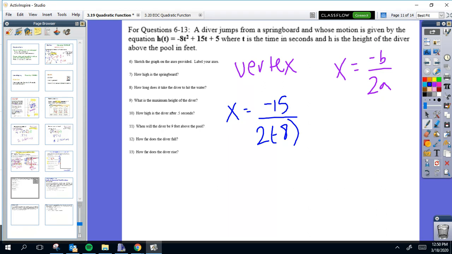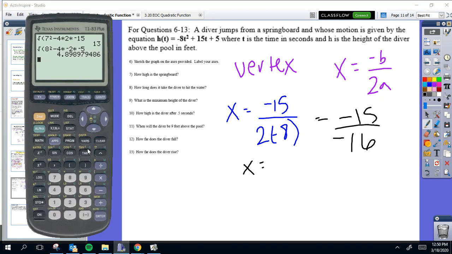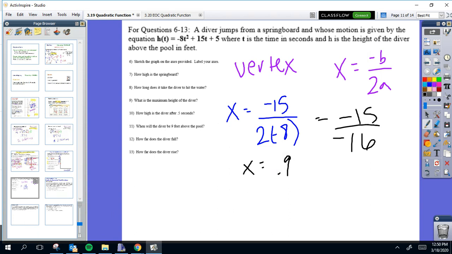Remember that a value is not 8, but a negative 8. This becomes negative 15 over negative 16. And on my calculator, when I do that, negative 15 divided by negative 16, I get an x value of 0.9375. I'm going to round that to 0.94.